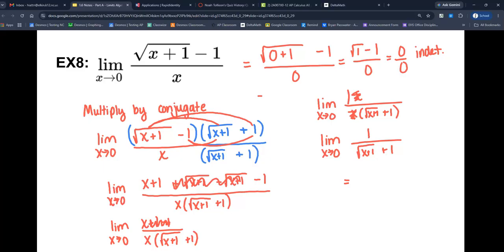So at this point, I can quit writing that limit as x approaches 0 because I'm plugging in a number. I've got 1 over the square root of 0 plus 1 plus 1. That is 1 over the square root of 1 plus 1. And I don't know what's happening here. I got 1/2 for that.